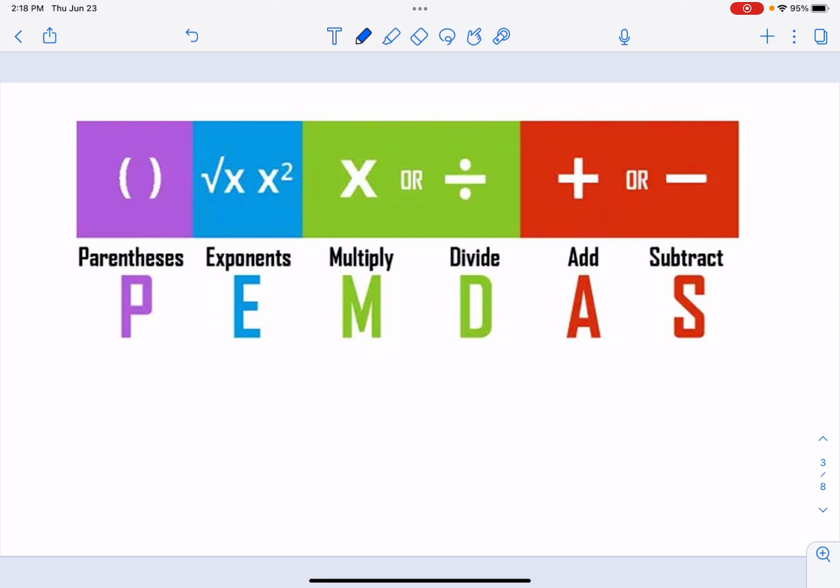PEMDAS. Parentheses, exponents, multiply, divide, add, and subtract. Okay, so this is our order of operations. So when you're looking at these problems, you're going to be going through and looking for performing anything in parentheses first.